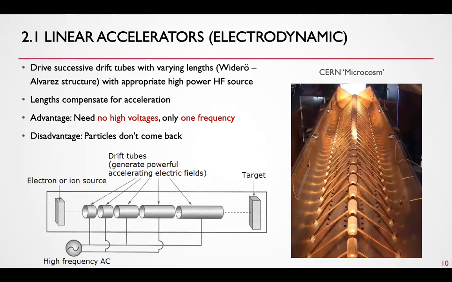Enabling concepts of accelerators that are still in operation. First is linear accelerators, because linear accelerators are always used. Even a circular accelerator has to have a linear pre-acceleration stage. It is very difficult to accelerate protons, or electrons, and keep track of the varying speed that those particles have.